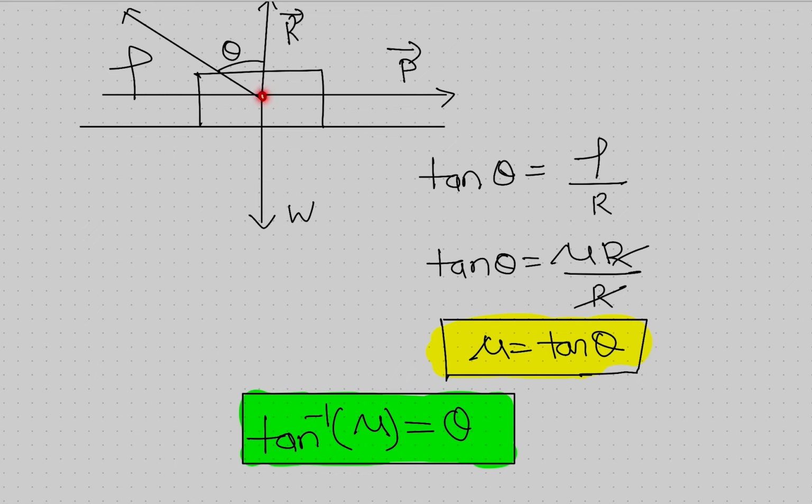Normal is always acting upward, perpendicular to the plane, and then the resultant force is like that. So can we calculate tan theta here? That is F by R, perpendicular by base. The value of F here is mu R, so mu R by R. So can we say that mu equals tan theta, or tan inverse mu equals theta, right?